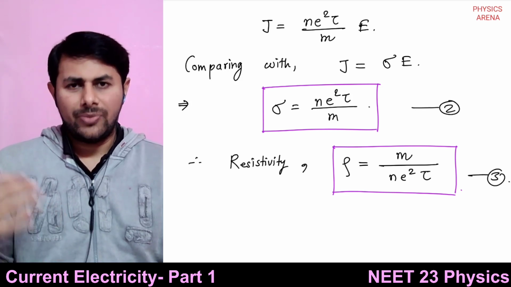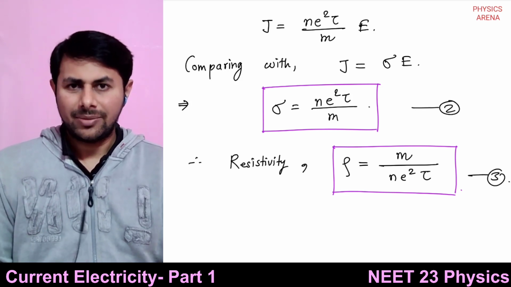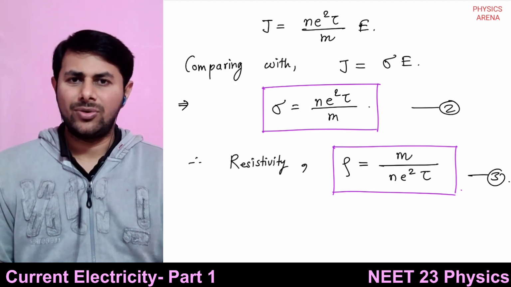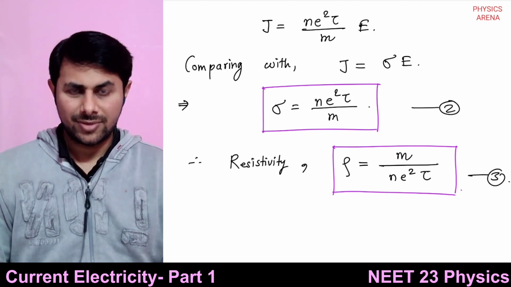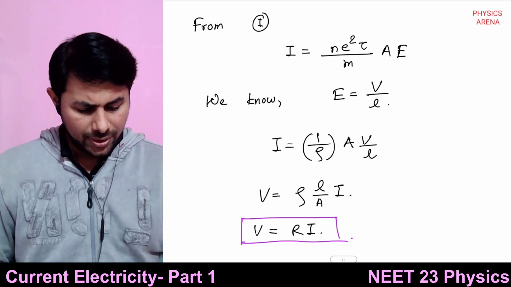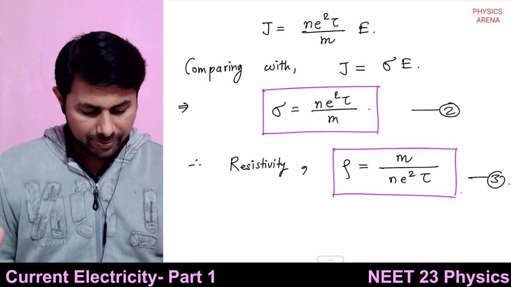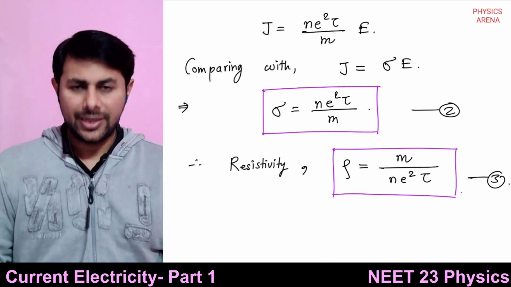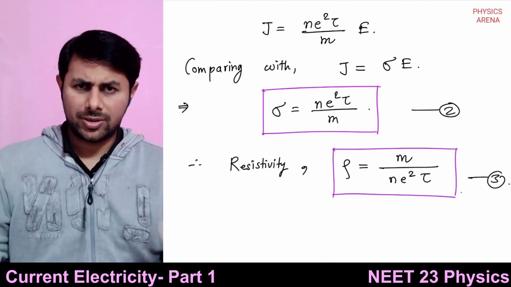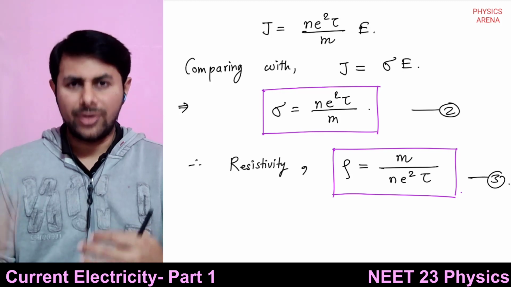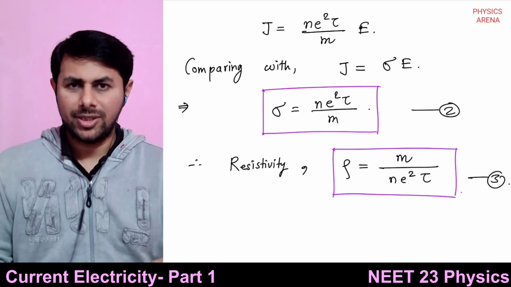Velocities of electrons will increase, and that means the average time between collisions will decrease, because there will be more frequent collisions as velocity is more.